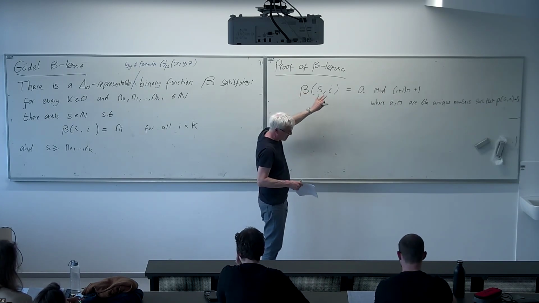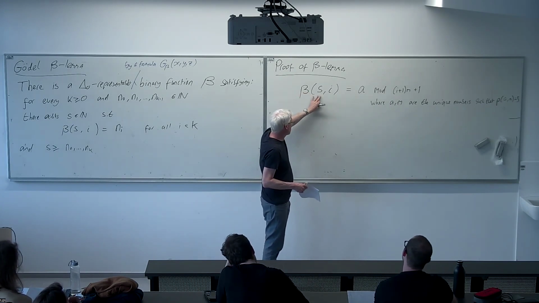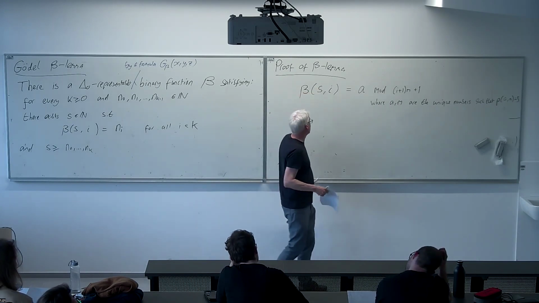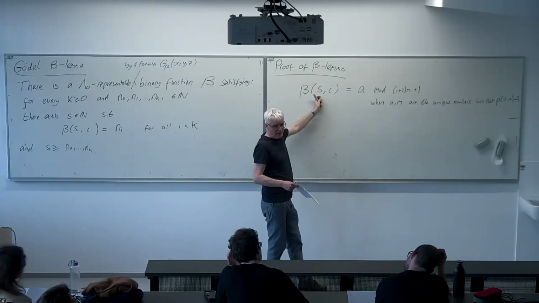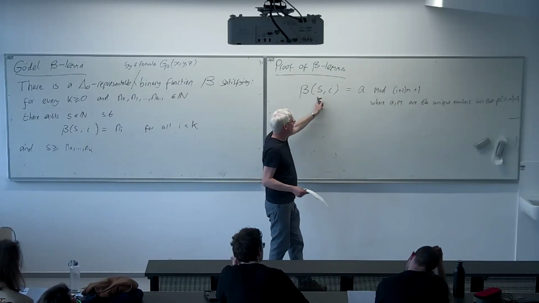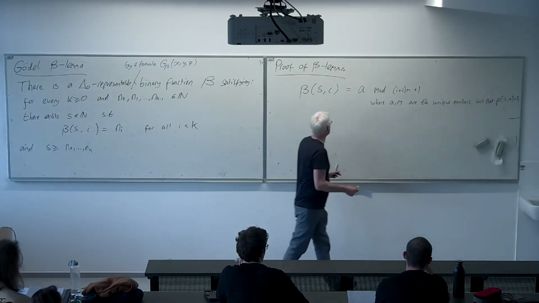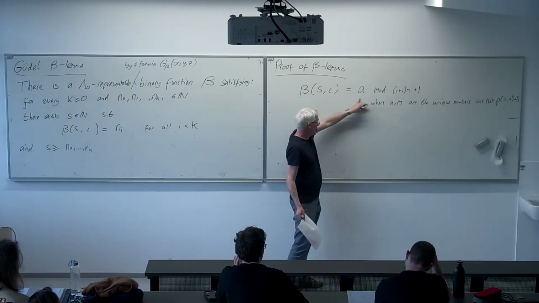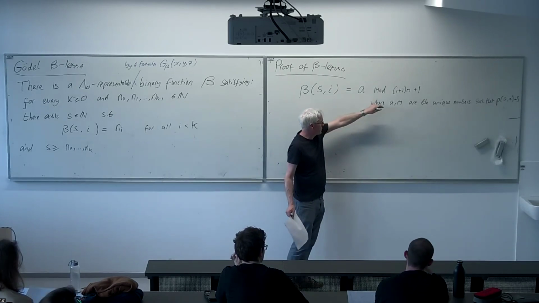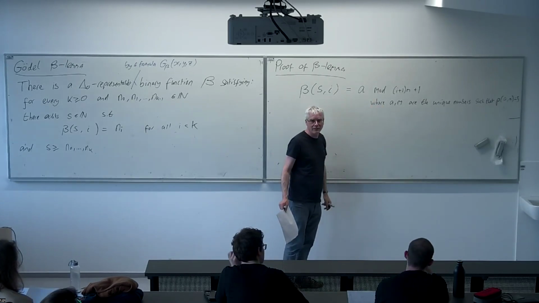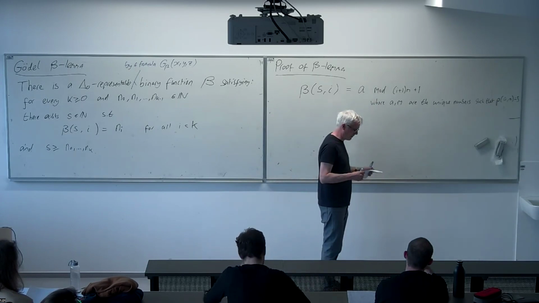Let's say that again. Beta says, interpret S as encoding a pair, every number encodes a pair, extract the first and second components a and m, and the beta is then defined to be a modulo this. Okay? And that is the beta function.